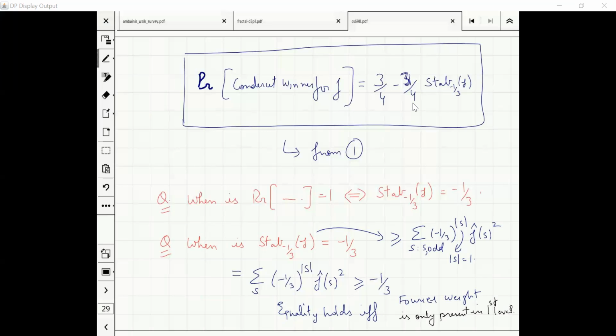What do I mean? I mean f hat of S is not equal to 0 implies cardinality of S is equal to 1. Otherwise, this could never be equal to -1/3. If S was even, I would get something positive added to -1/3. If S was odd, but the cardinality of S was more than 1, then again, instead of -1/3, I will get a factor of -1/27.